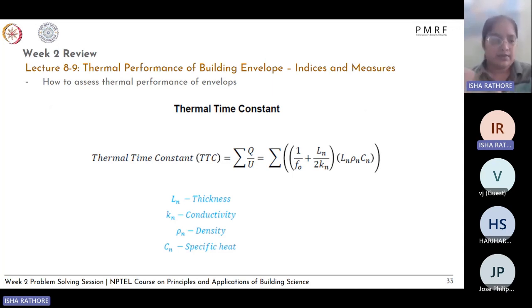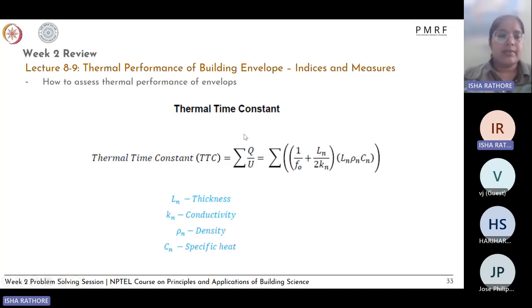So we will look at the formula on how to calculate thermal time constant. This can be used for composite as well as homogeneous walls, that is walls made of a single material, and walls made of more than one layer of materials.